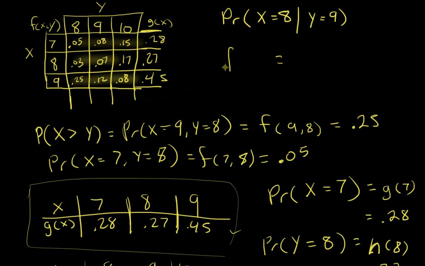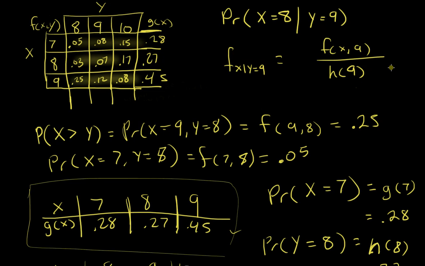So what is that? I'm going to write that like this. Given y equals 9, this will be f of x comma 9, because y is given, divided by, not g, but h of 9, right?